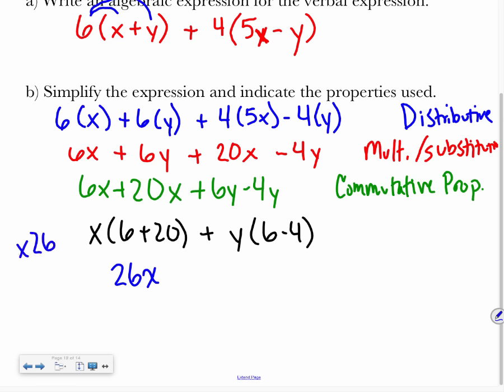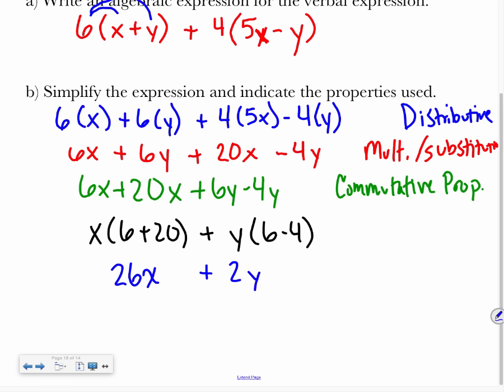One good way of thinking of that is in English class you have rules on how you phrase things, right? There's grammar rules that you learn. There's different orders for how you say things. The same thing goes for math. If you write x26, that's poor grammar in the world of math. So we always write the number and then the variable. So 26x. Okay? So 26x plus, and then 6 minus 4 is 2y.